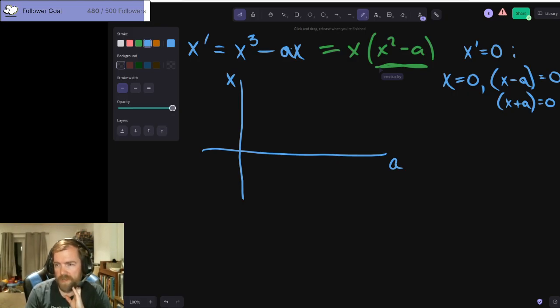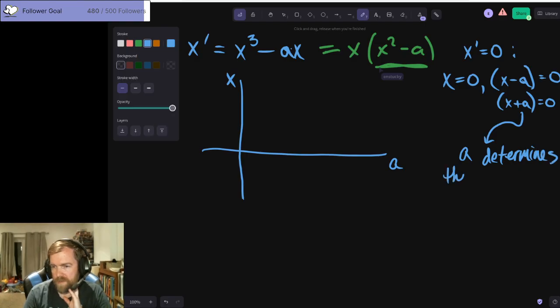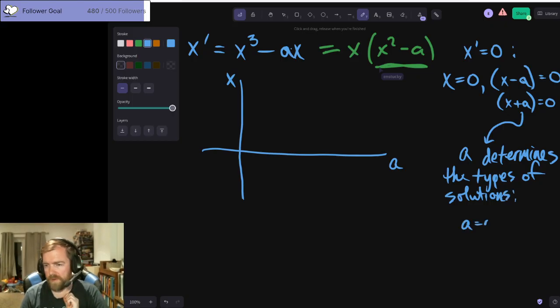So a determines the types of solutions. Right, so a equals 0, we get our one zero, repeated root, whatever you want to call it.